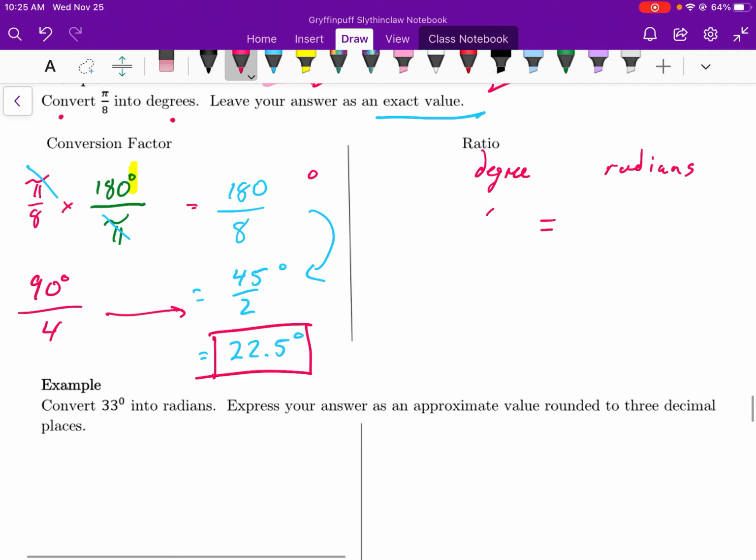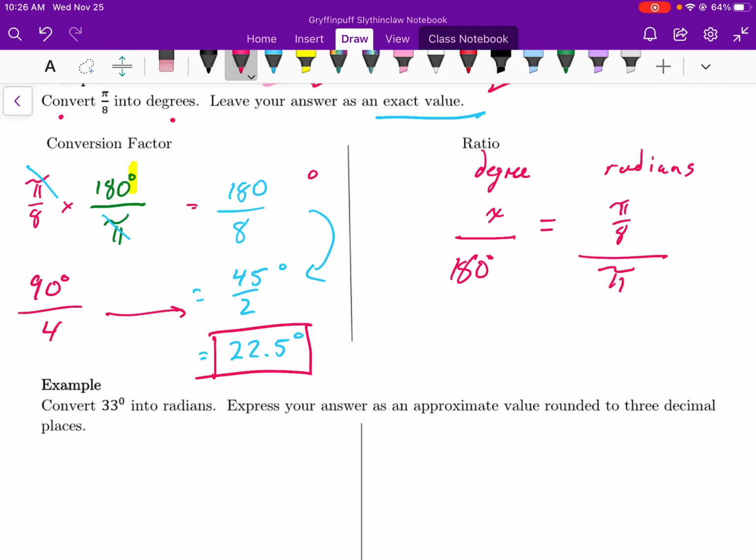And I'm going to say a partial revolution in degrees is equal to pi over 8. Now, half a revolution in degrees is 180 degrees. In radians, it would be known as pi. On the left-hand side of the equation is everything to do with degrees. On the right-hand side is everything to do with radians. On the numerator, we're talking about partial revolutions, and on the bottom, we're talking about half revolutions.